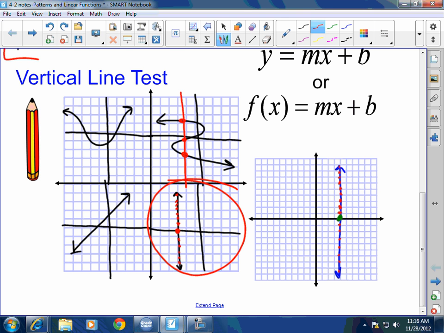Don't I have like 15 different y values for the same x? Can I have that as a function? No. So this is not a function.